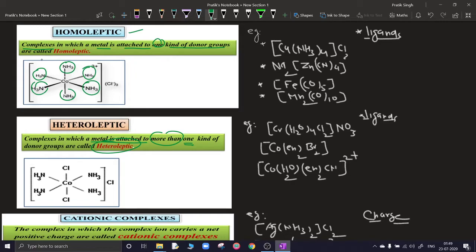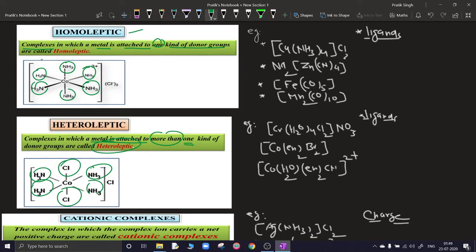Can you see? Here, ammonia is acting as a ligand as well as chlorine is also acting as a ligand. So how many types of ligands are there? Two. If there are two types of ligands, then that complex is referred to as a heteroleptic complex. Now on this side, I have taken some examples. Are we able to decide homoleptic and heteroleptic?